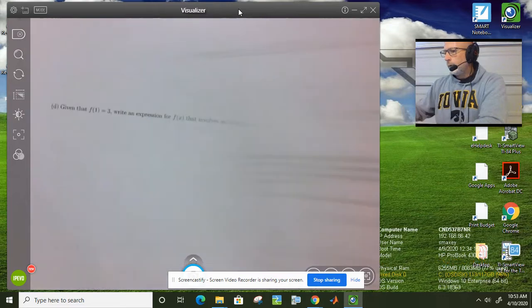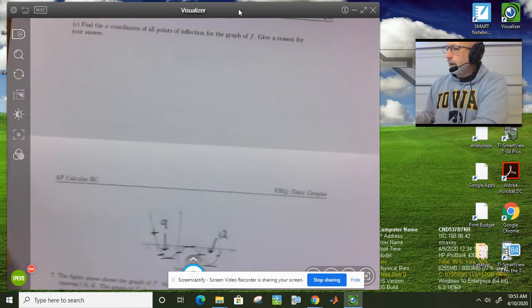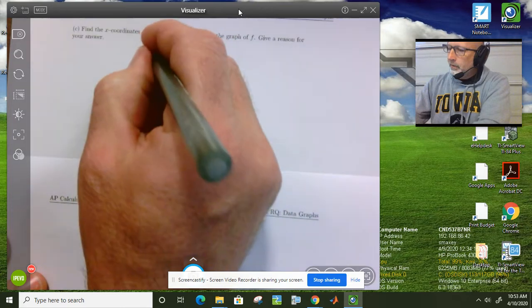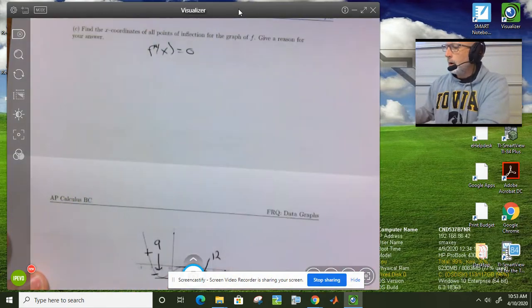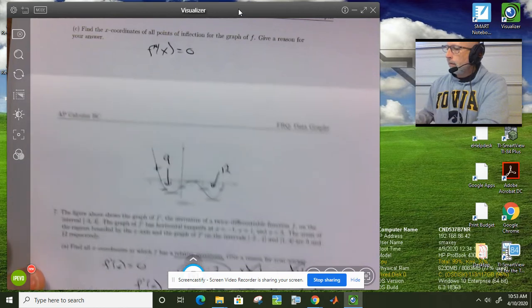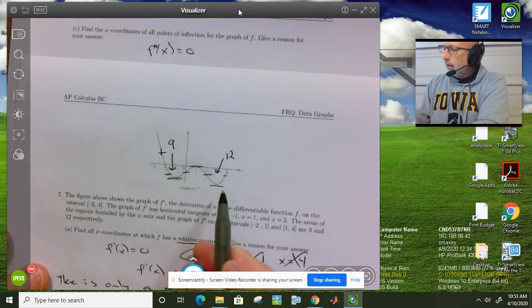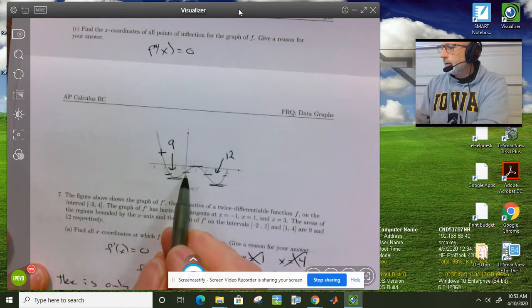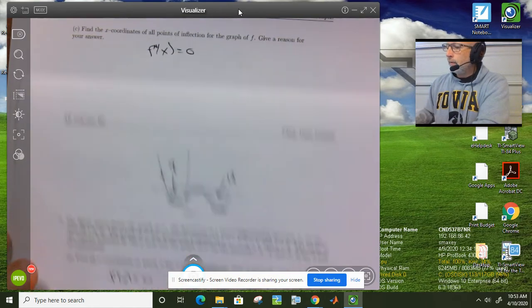Okay, let's quickly try and get through this. C, find the x-coordinates of all points of inflection on the graph of f. Give a reason for your answer. So I need to know where the second derivative is equal to 0, or where it switches concavity. So where's the second derivative equal to 0? It's equal to 0 at -1, 1, and 3. And the second derivative goes from negative to positive, positive to negative, and negative to positive. So they're all points of inflection.